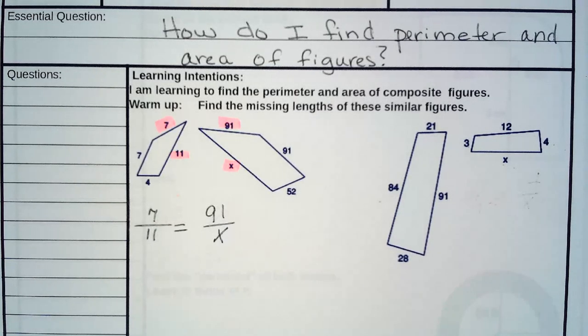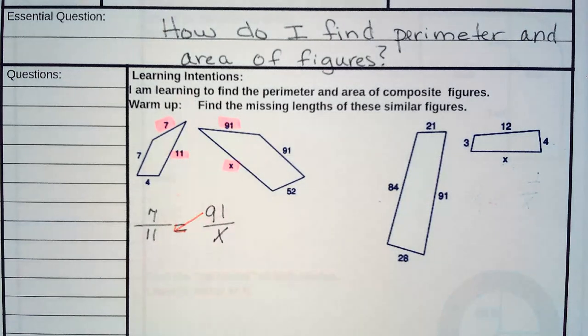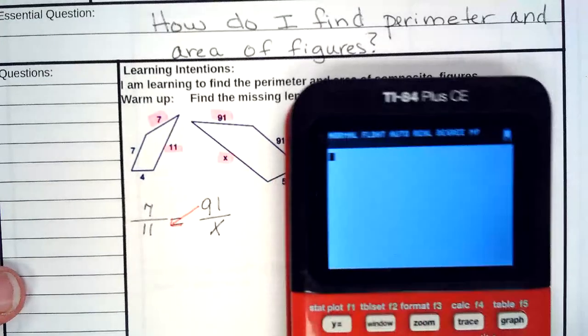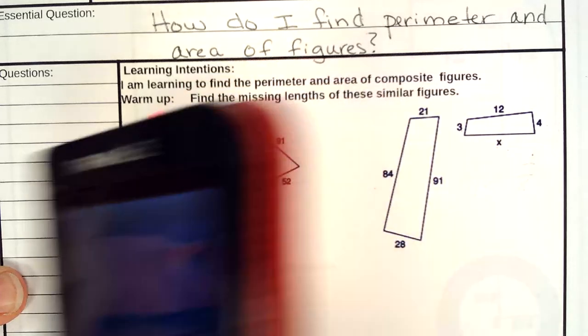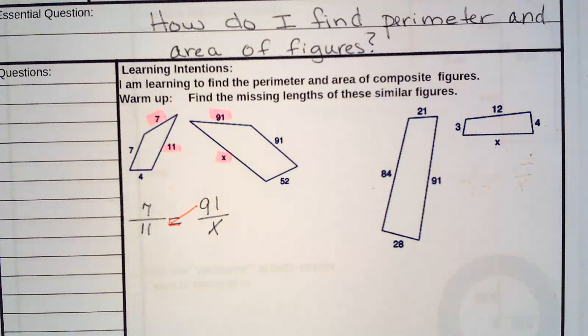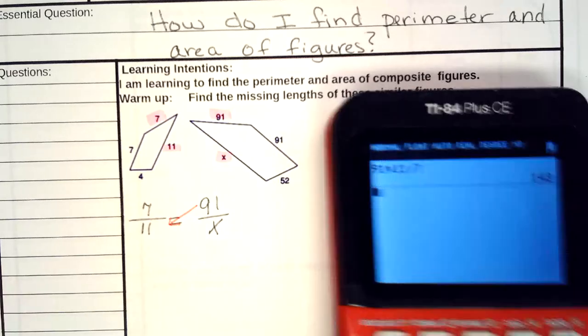To solve, multiply at that diagonal and then divide going up. 91 times 7 divided by 11, and you end up with, oh, I put it in wrong, didn't I? 91 times 11 divided by 7, and it is 143.